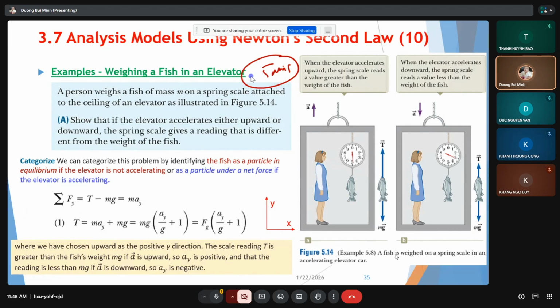A person weighs a fish of mass m on a spring scale attached to the ceiling of an elevator, like this one. But for the left figure, the elevator accelerates upward, and here downward.